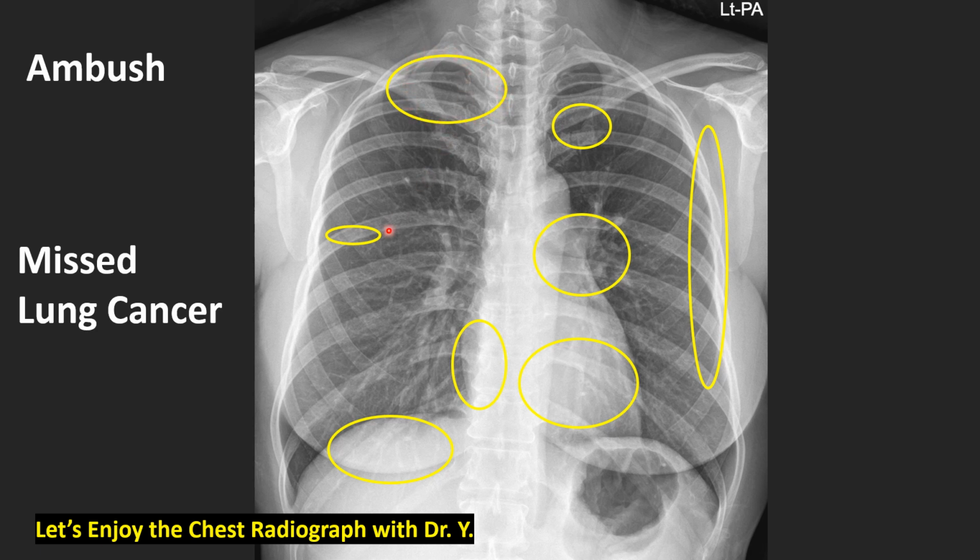Apex. Rib, overlapped with rib. Right side retrocardiac or paravertebral area. And below the diaphragm ridge, usually lower lobes.